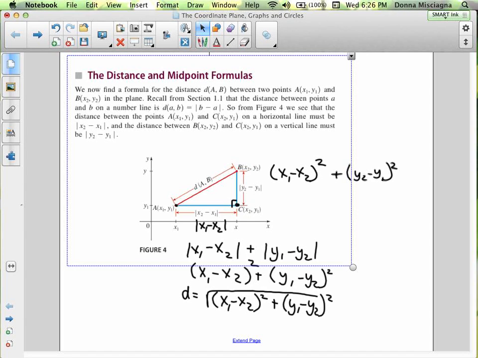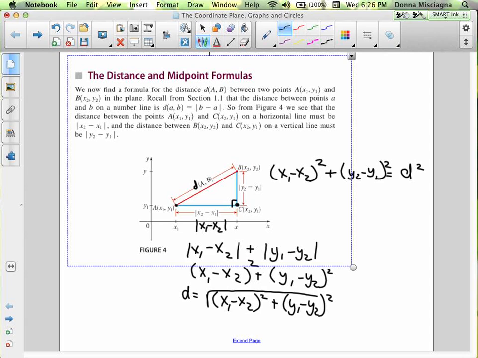Add those together, and let's call that d, because it has d here for distance, we would have the distance squared. How would we solve for d? We would simply take the square root of both sides. If we took the square root of x1 minus x2 squared plus y2 minus y1 squared, and the square root of d squared, we would have exactly what we have right here, the distance formula.